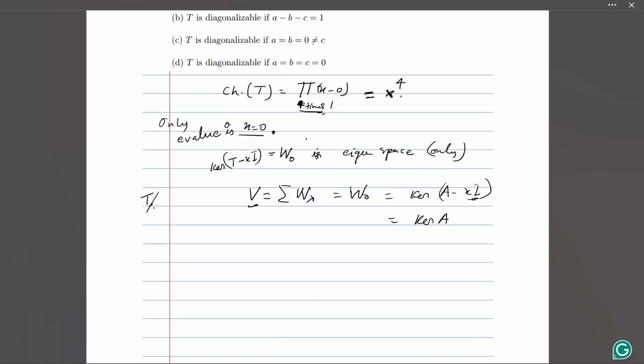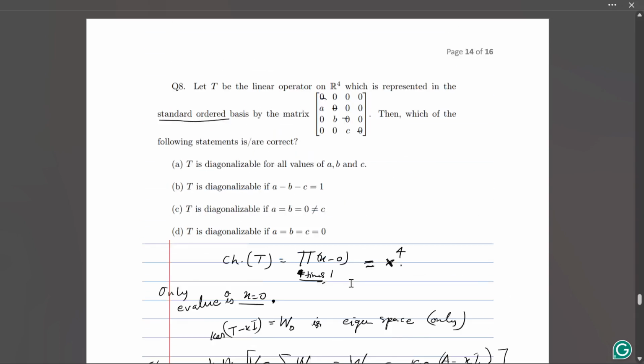So when the kernel of A is the whole V, only then T or A is said to be diagonalizable. This will happen, the whole space can be the kernel of some map, if and only if A is the zero matrix.